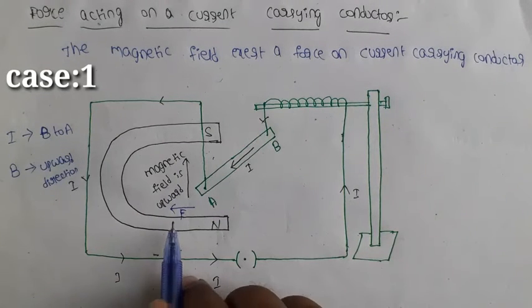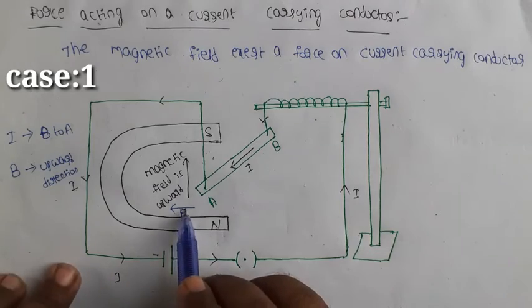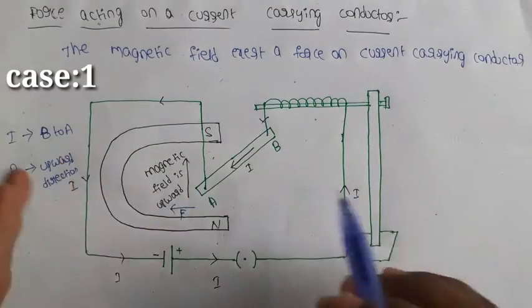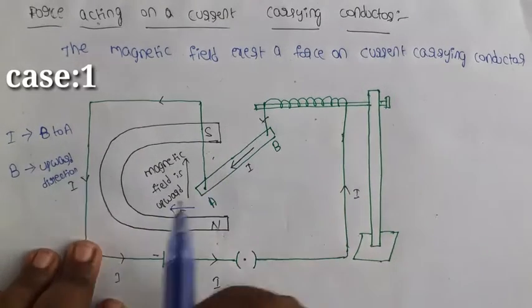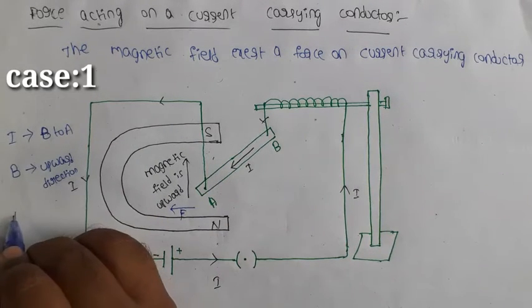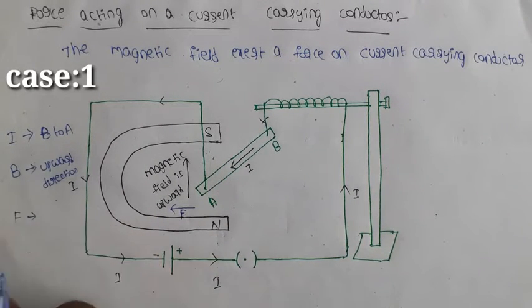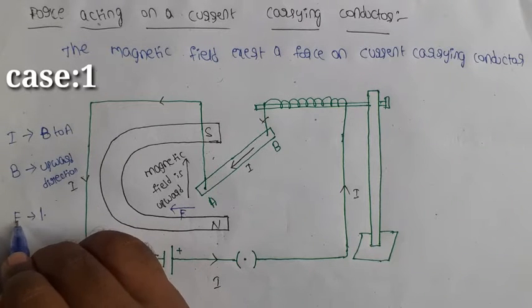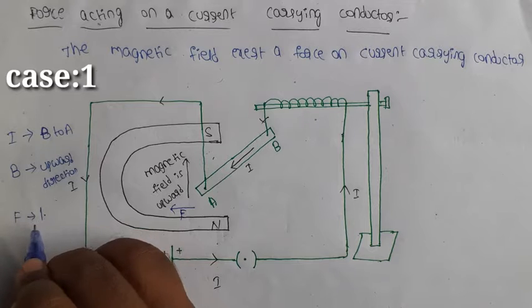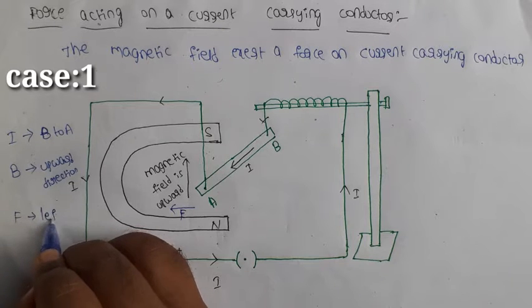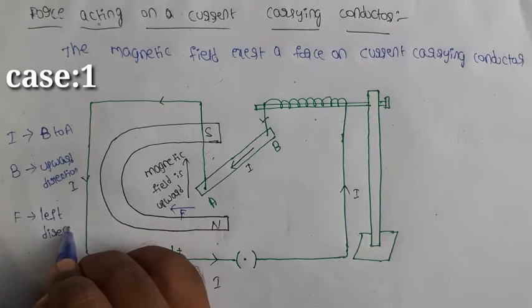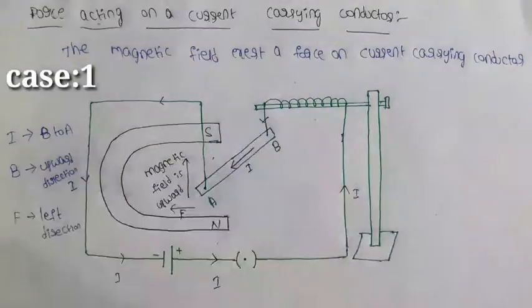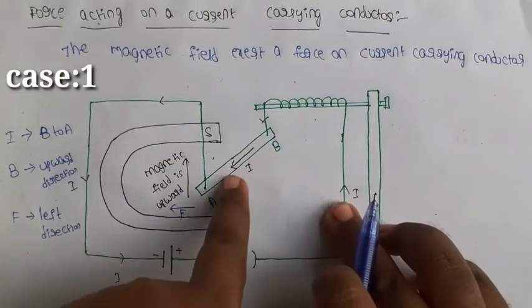Due to this force, the conductor moves to the left. The magnetic force is towards the left direction. Due to this force, the conductor moves towards the left, this direction.